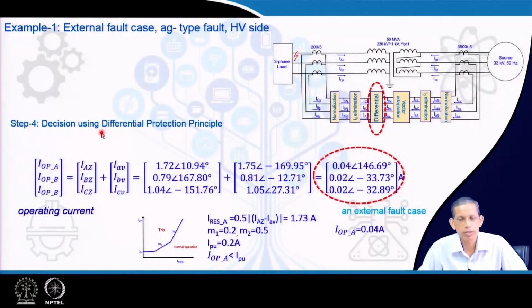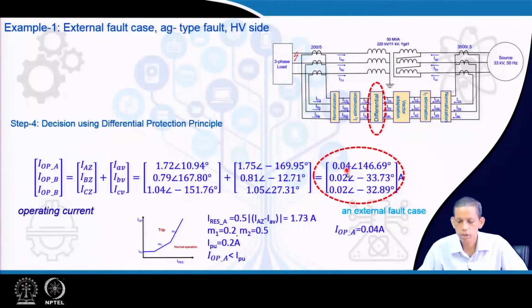The fourth step is the decision process: the differential current calculation, the restraining current, and then applying the corresponding trip. We got the operating current in phases A, B and C. We add the currents IAZ, IBZ, ICZ and IAB, IBB, ICB from both sides, taking the phasor sum of these two currents, and we get the values 0.04, 0.02 and 0.02.